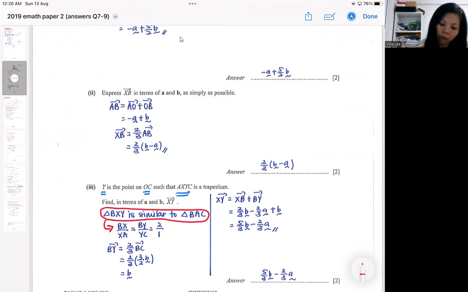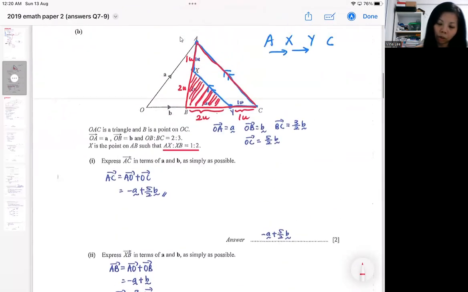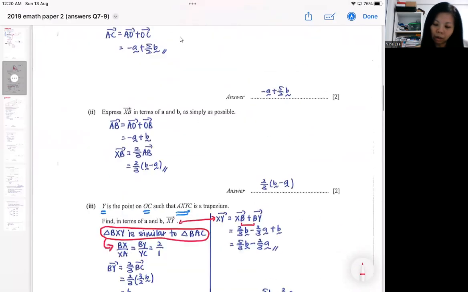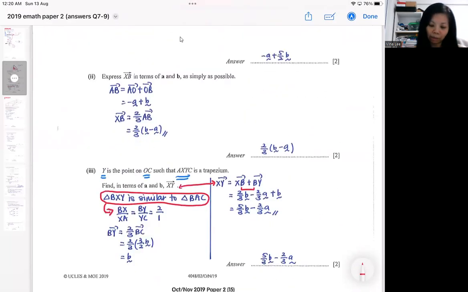So eventually I will need to find my XY, and I'm going to do a fill in the blank. So my XY is XB plus BY.